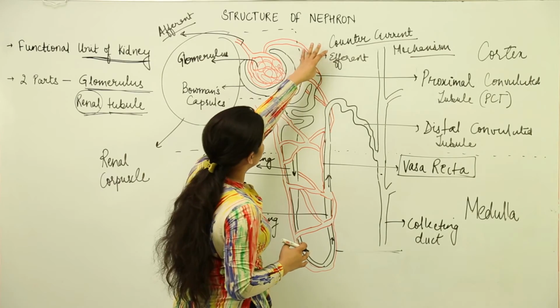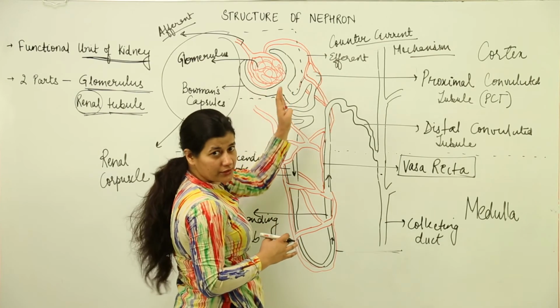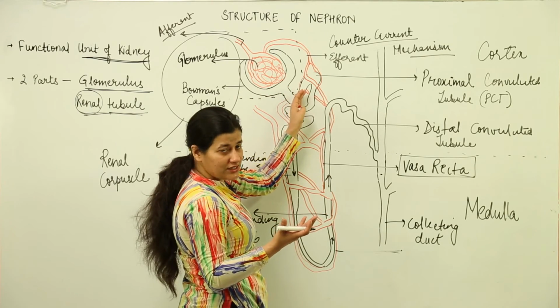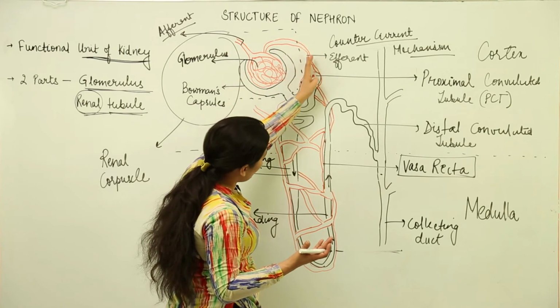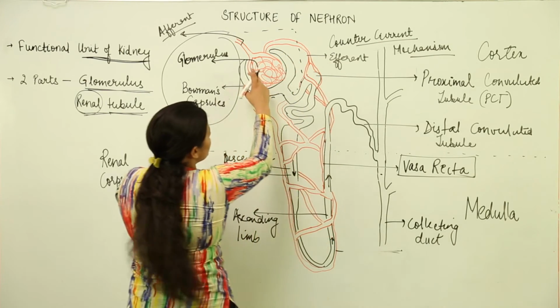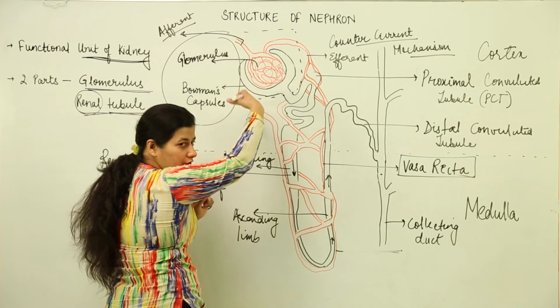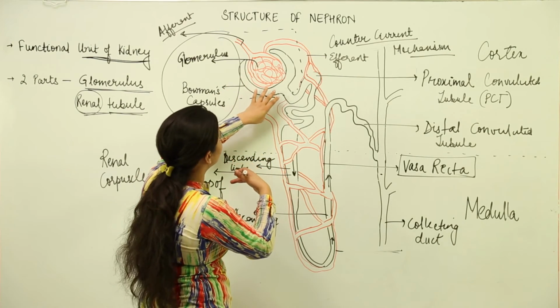This efferent arteriole, after the filtration, once the filtration slits have got rid of the ultrafiltrate that is to be thrown into this PCT, they would take the remaining blood and it would enter the vasa recta. As you can see, this glomerular part had an afferent arteriole. That afferent arteriole brought the blood, and the ultrafiltration took place.